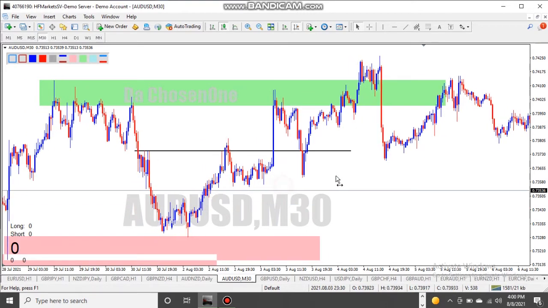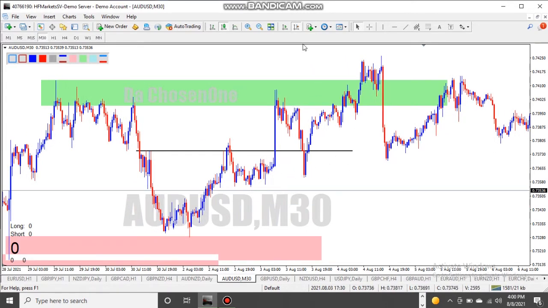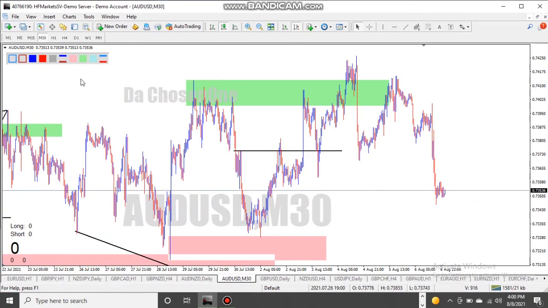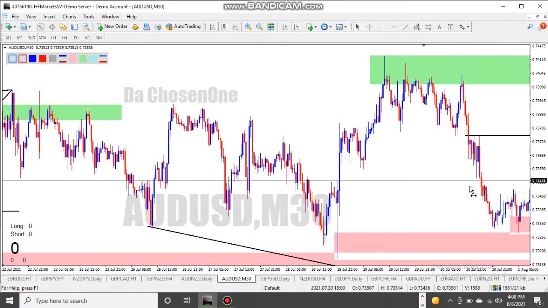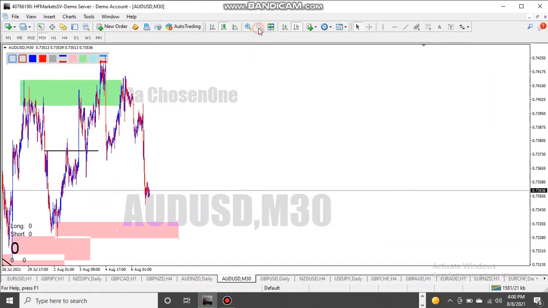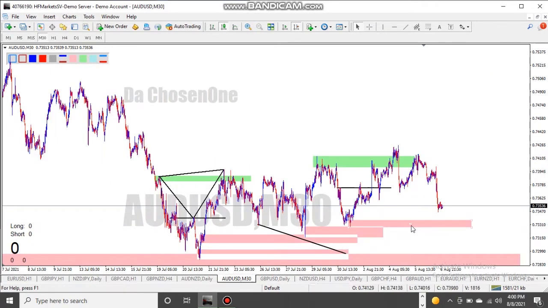This one, as you can see, this is our manipulation area. So our decision point is around this area over here, or this one. Yeah, let's say this one. Our decision point is that area.